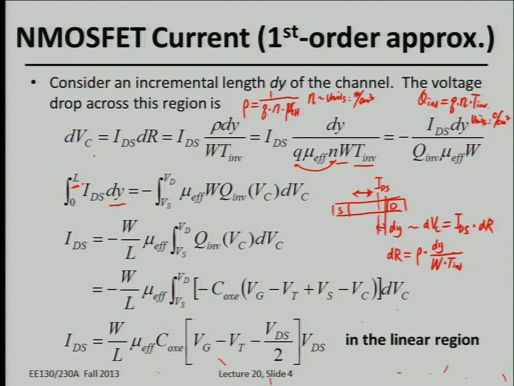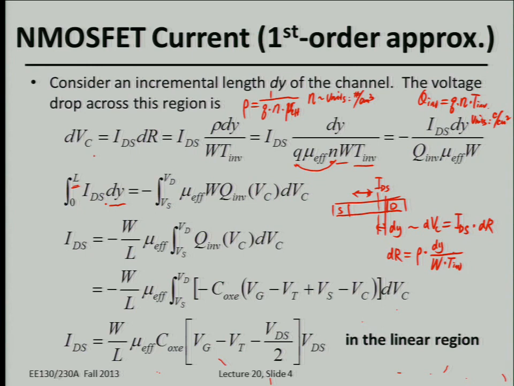Regarding the right-hand side, we just do the integration of the bias starting from the source voltage to the drain voltage. Since the drive current IDS is constant versus distance, due to the current continuity law, the integration of the left-hand side just becomes IDS times L.